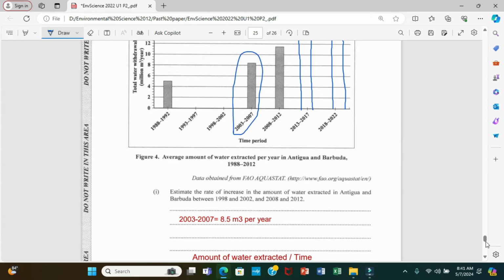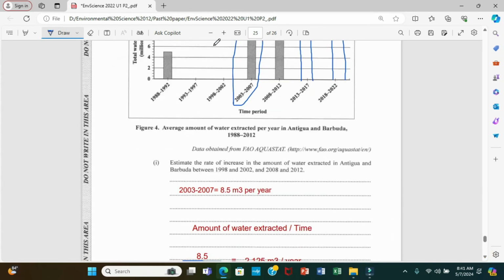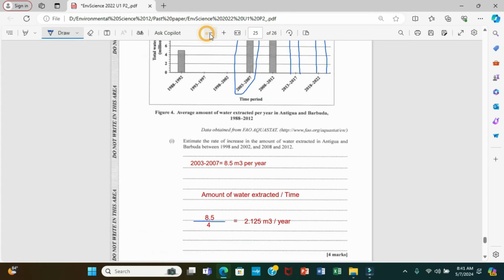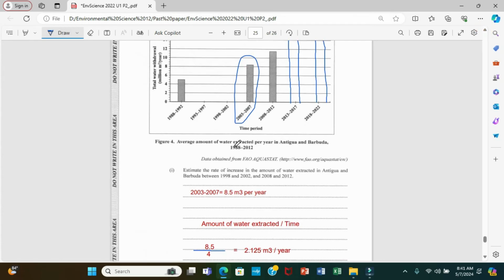Now, guys, when you hear about rate, it means how much per time period. It means per time. So in this, it means how much water is extracted per year.